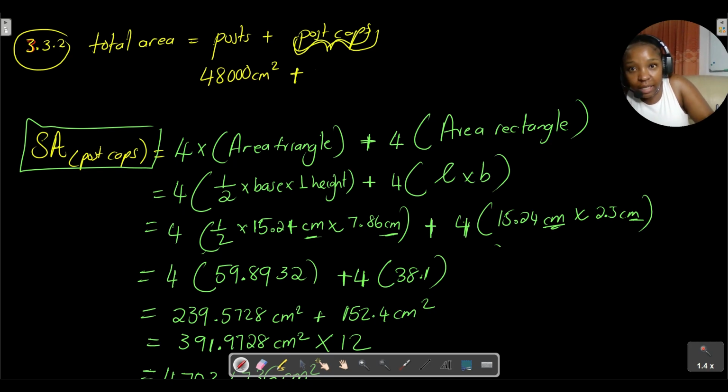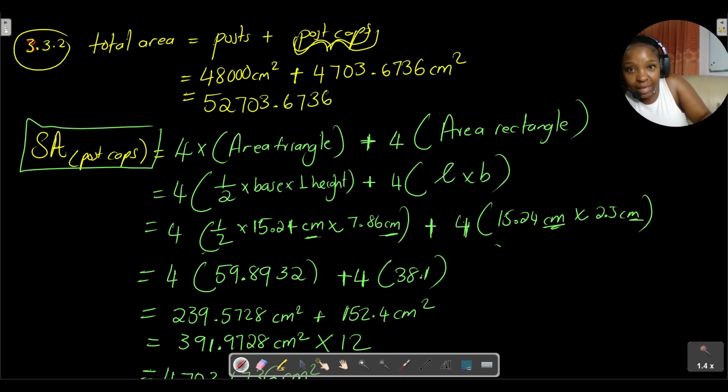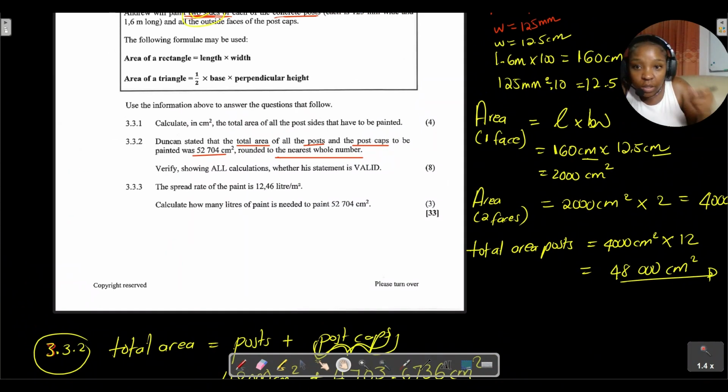We got 4,703.6736 centimeters squared. So the total area that needs to be painted is 48,000 plus 4703.6736, which is 52703.6736 centimeters squared. Let's check if we've answered the question.